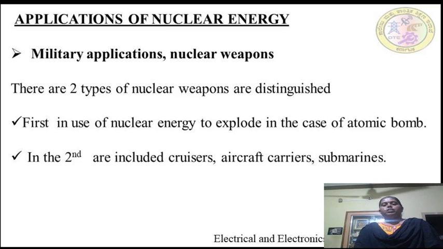So in all these fields nuclear energy is used to prepare nuclear weapons, or used as nuclear weapons in the military applications. That is, it can be used as weapons and also in the applications of submarines, aircraft carriers and cruisers.